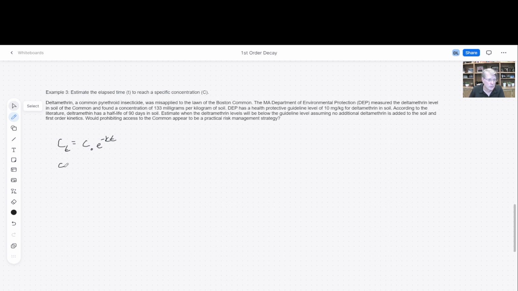So you'll have Ct over C naught equals e to the negative kt. We'll take the natural log of both sides. Oops, that's not right. Got rid of the exponent.